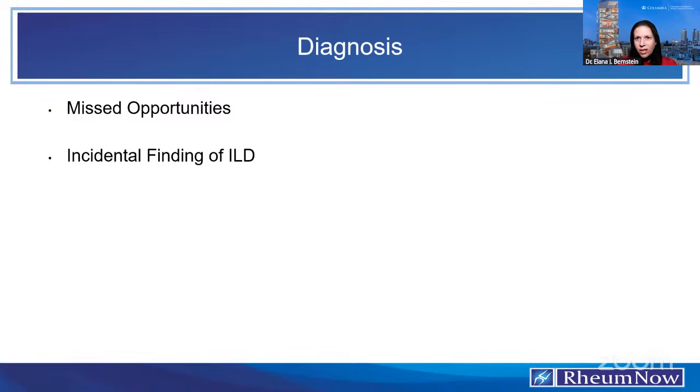Because you set out to look for it. And the gold standard diagnostic test for ILD is a high resolution chest CT. So I think if we see ILD on a chest CT, it's ILD. Now, the question though is, what is the etiology of the ILD?